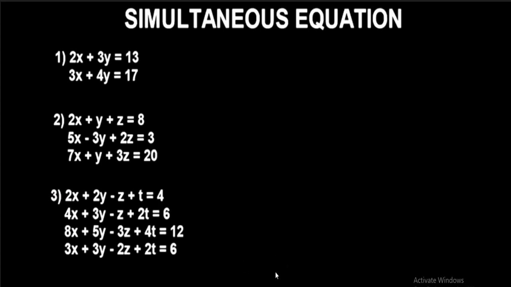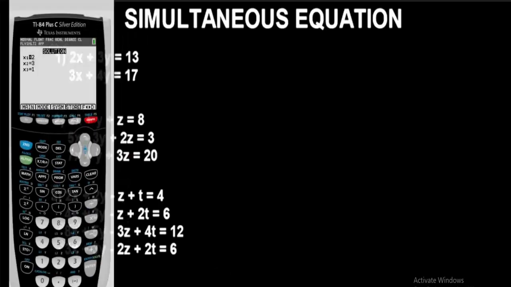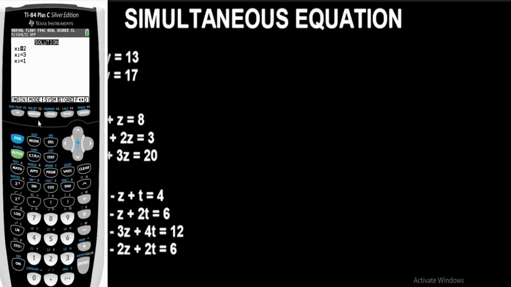Alright, so having done that, let's solve question 3 involving 4 unknowns. So right now let's press mode and change the settings of the calculator. We want to solve the ones involving 4 equations now and 4 unknowns. So all you have to do now is to press this mode button.